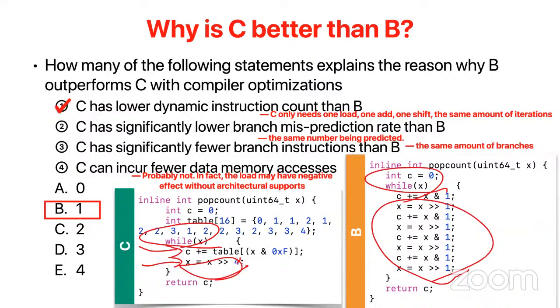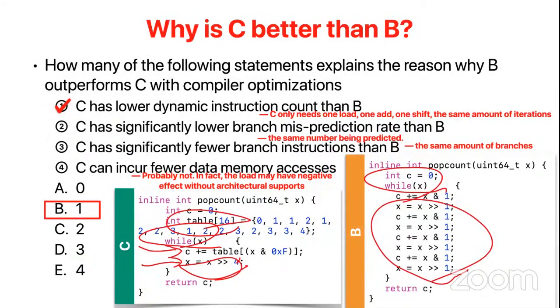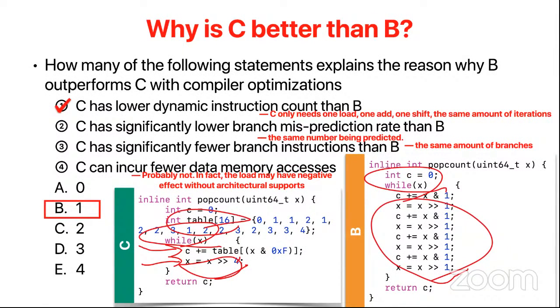First of all, this table is declared as a variable, so in the very beginning you still need to allocate memory locations for it, and later on your compiler optimization may use load store instructions to load all the contents from the table to certain registers.